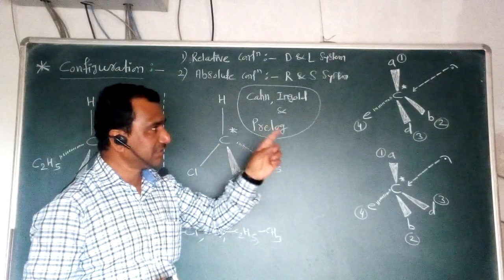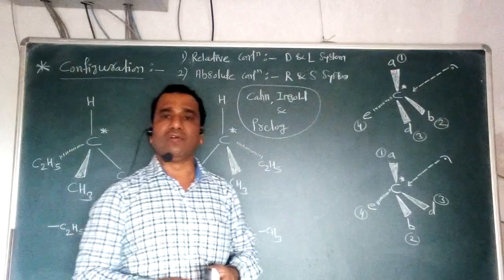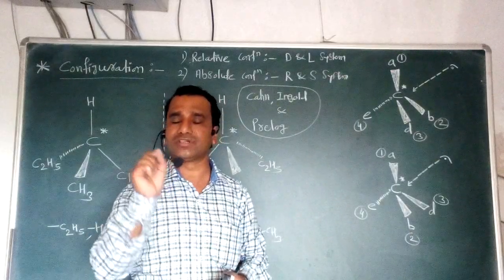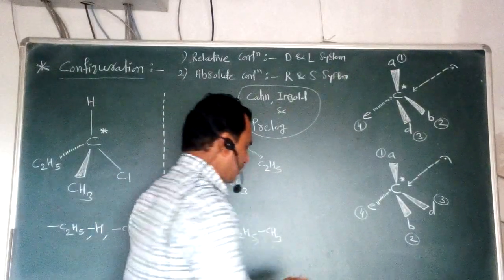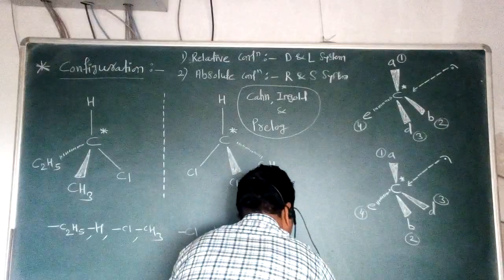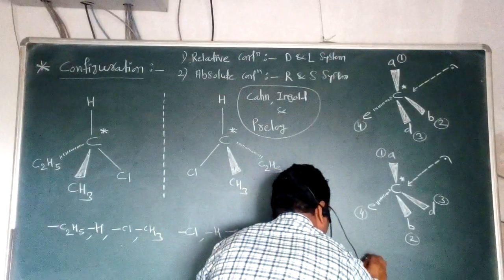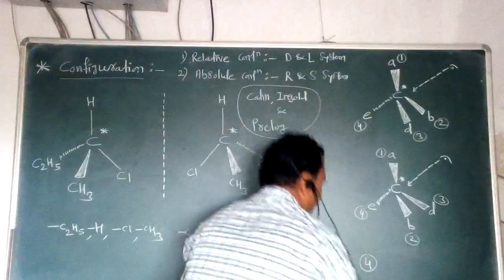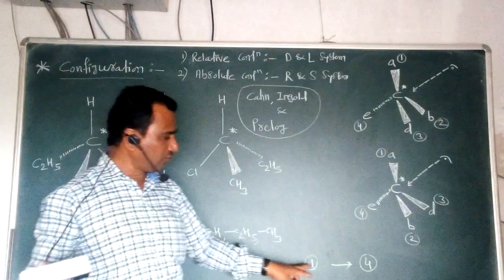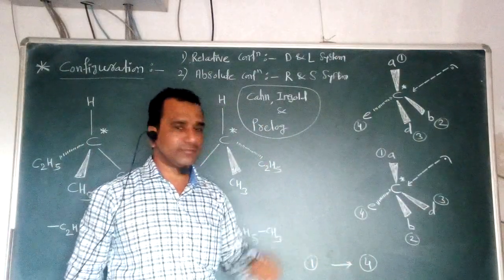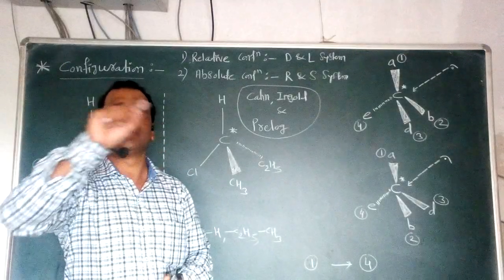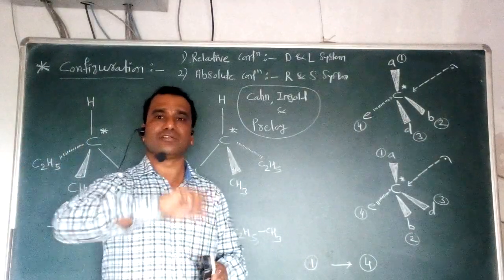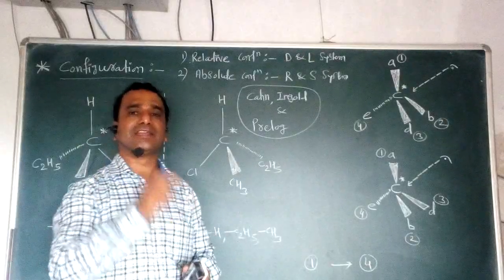Suppose in this last case we have to observe while going from the first priority group towards the fourth priority group. What type of direction is there, whether it is a clockwise direction or an anti-clockwise direction?